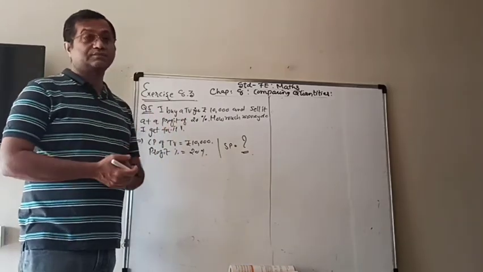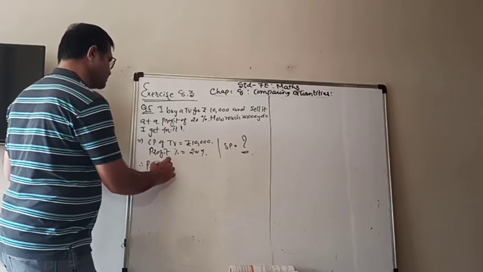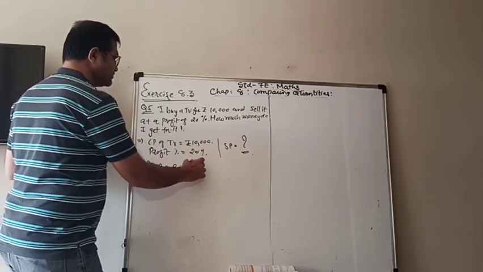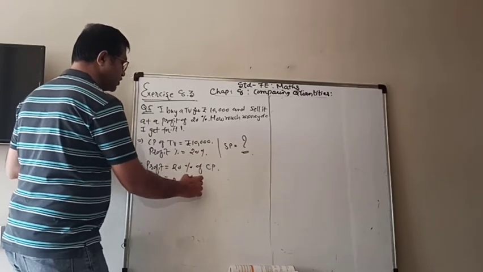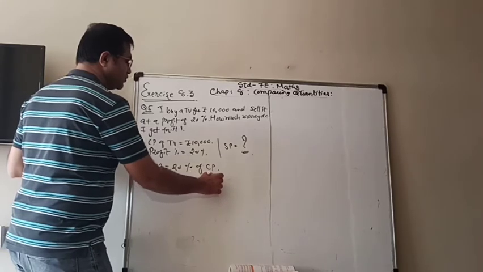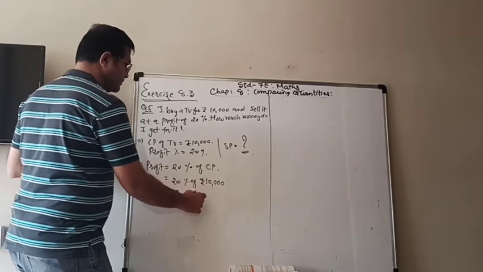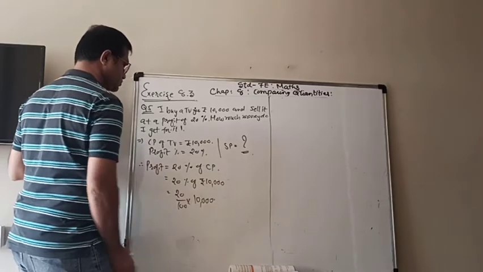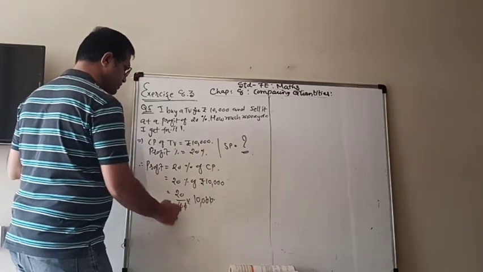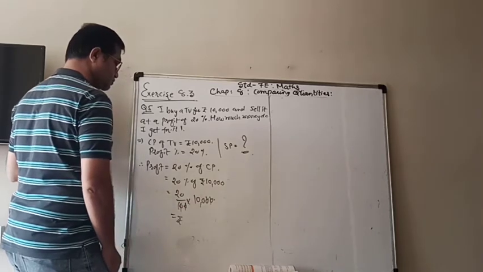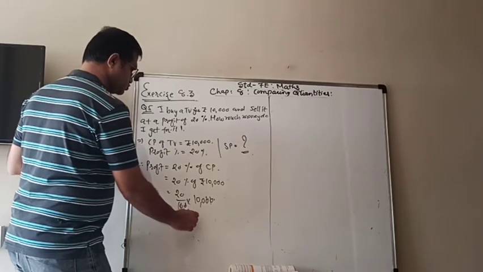What will I get? So now it means that profit is equal to 20% of CP, that is 20% of rupees 10,000, that is 20 upon 100 multiplied by 10,000. So 1, 2, 1, 2. 20 multiplied by 100 is rupees 2,000.